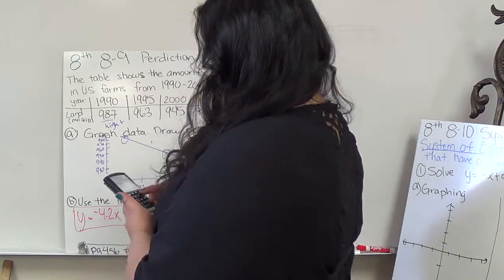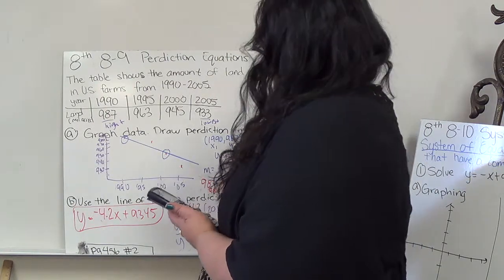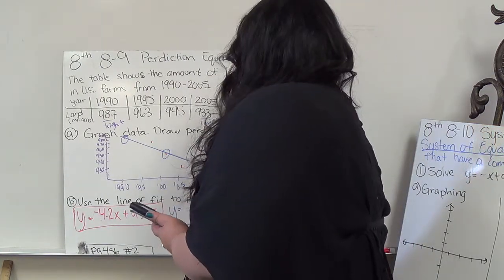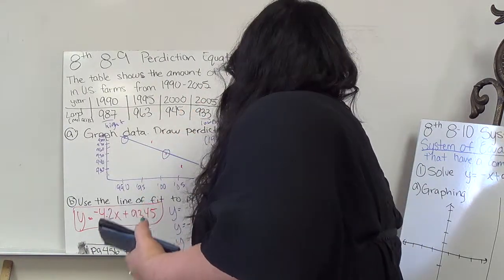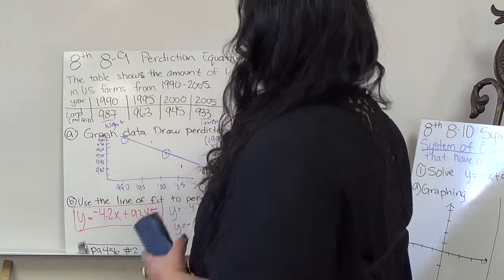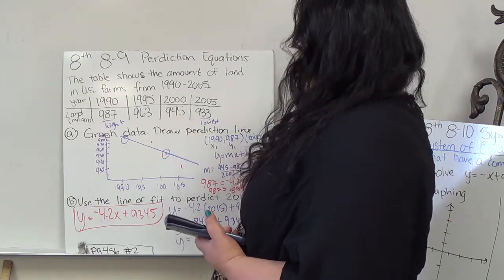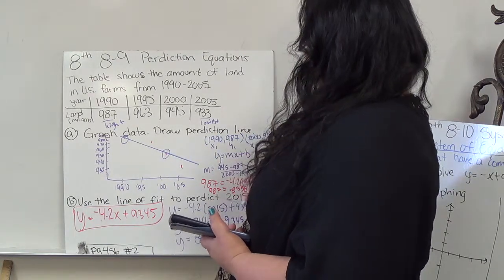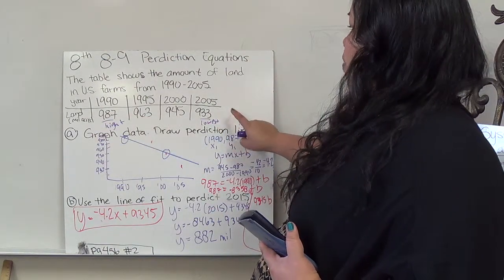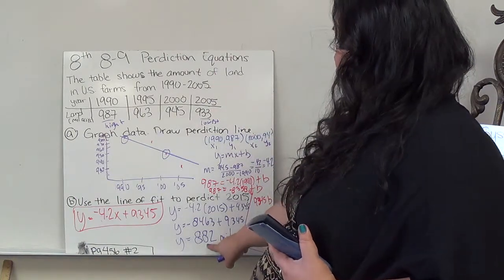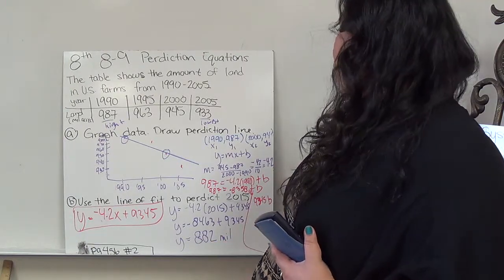Oh, sorry, plus. Sorry. I was like, oh, that's a bad number. Which gives me 882. So miles. Okay? So that means in the year 2015, the miles of land in acres that U.S. farmers will have will go down to, sorry about that, will go down to 882 miles.